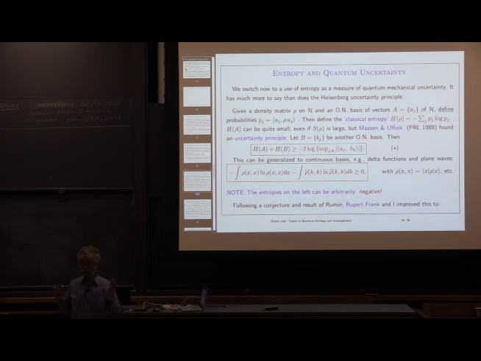Now, everybody knows the Heisenberg uncertainty principle. The delta p and the delta x cannot both be small. One can be small, but then the other one has to be big, and so on. You all know that. And that comes from the fact that you're looking at two orthonormal bases of the Hilbert space for particles, square integrable functions, but you can look at it either in configuration space or in momentum space, as you please.